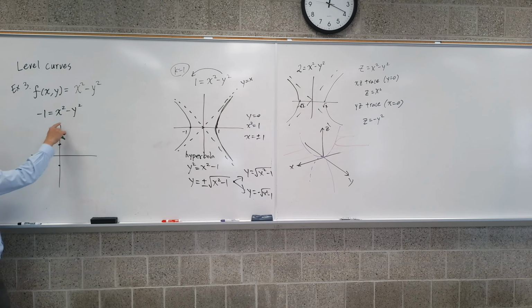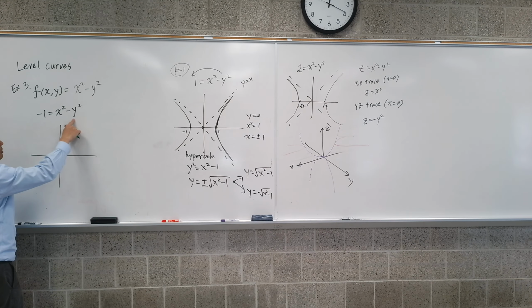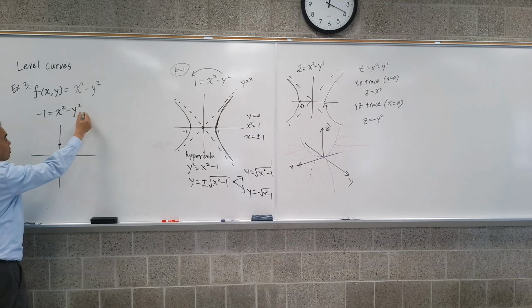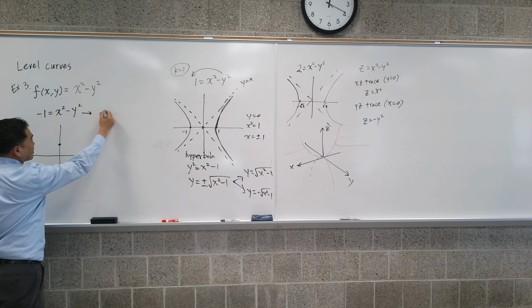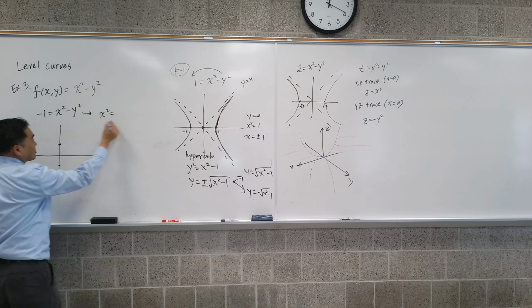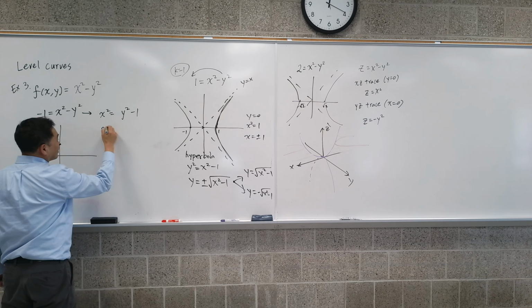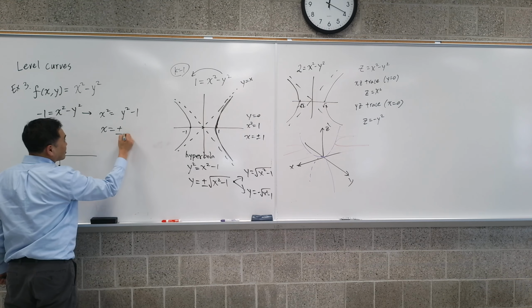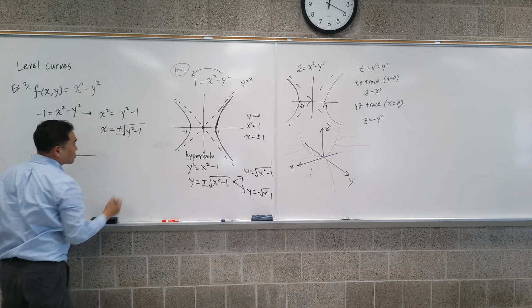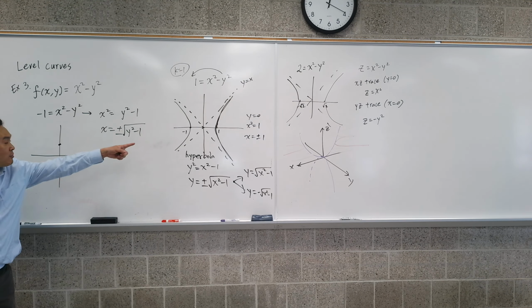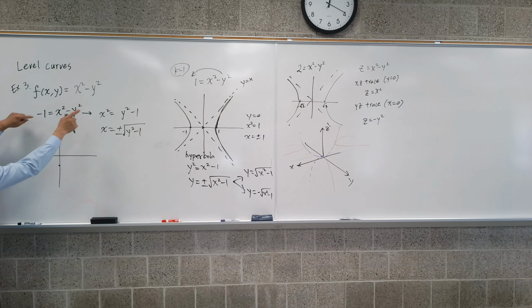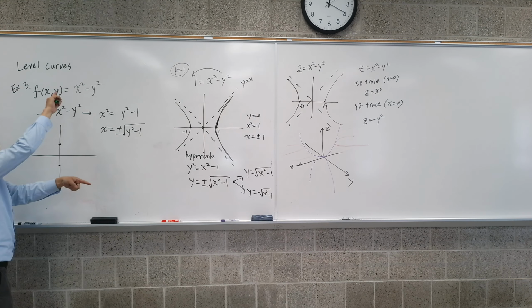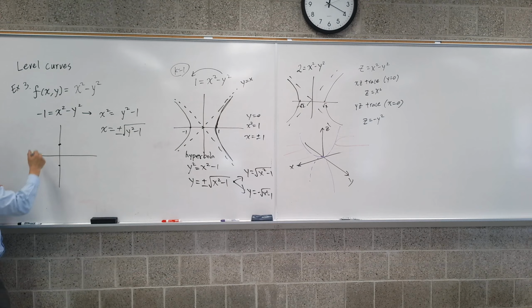And furthermore, you can't solve this for y, rather you're going to solve this for x. You can solve this for x as plus or minus the square root of y squared minus 1. So it's like that graph, but instead of going this way, it goes this way.